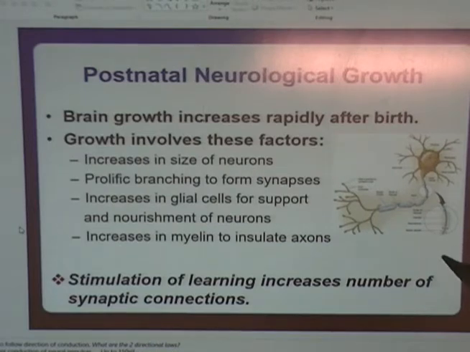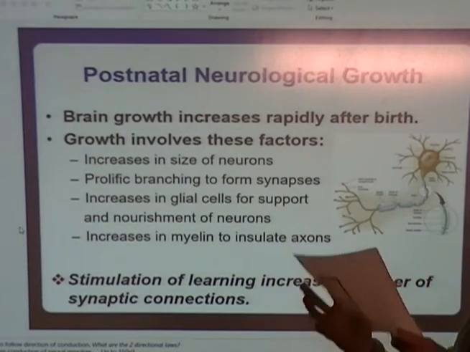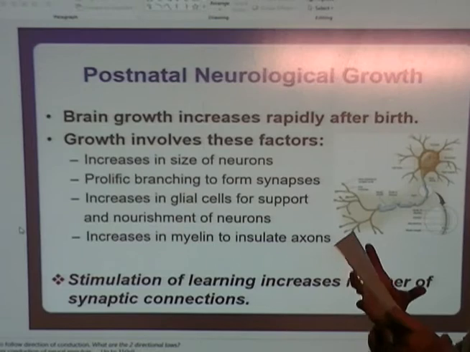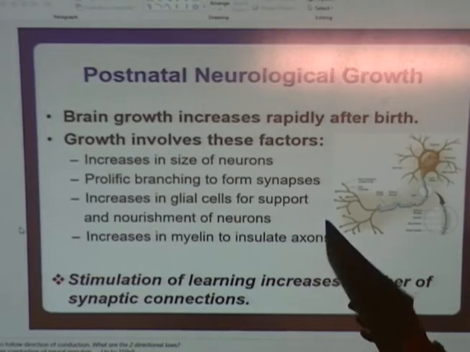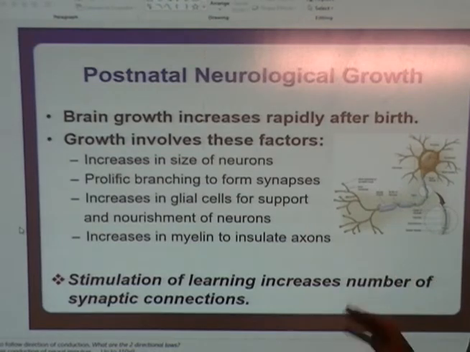Right? So we have this massive growth, the size of the neurons that are in the brain, so we see hypertrophy of the neurons that are in the brain. We see all this wiring system going berserk in children up to the age of 10.